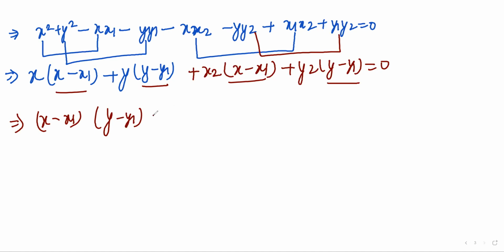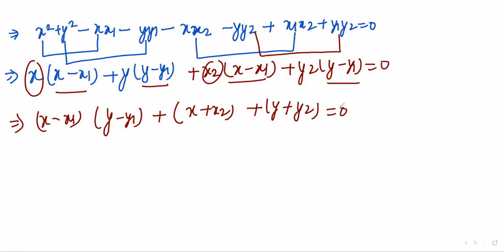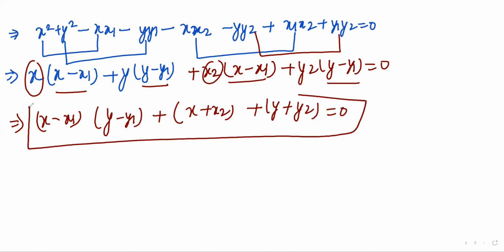So here the middle is plus. So remaining is these two now. So it will be x plus x2, and remaining is y plus y2. So this is another way of writing the equation of the line between these two points.